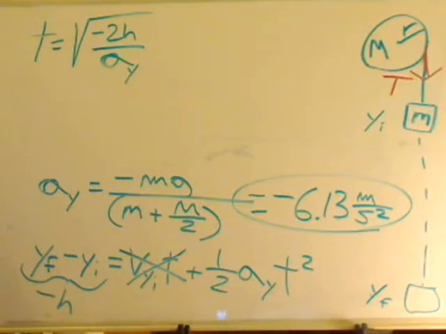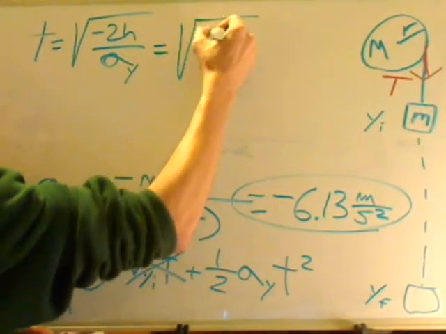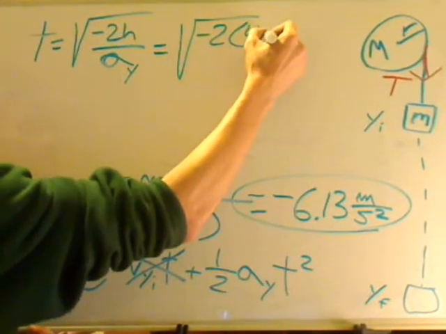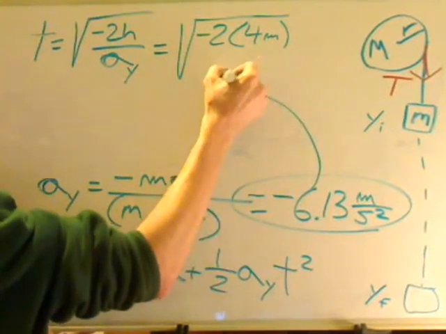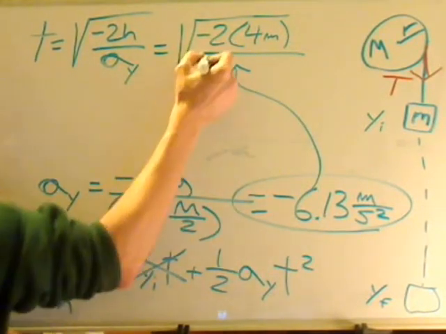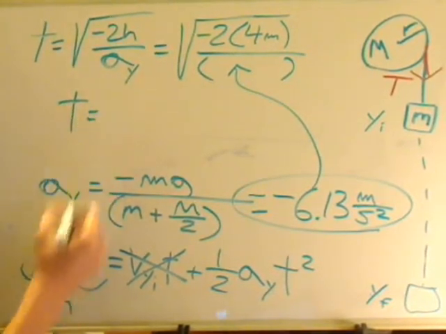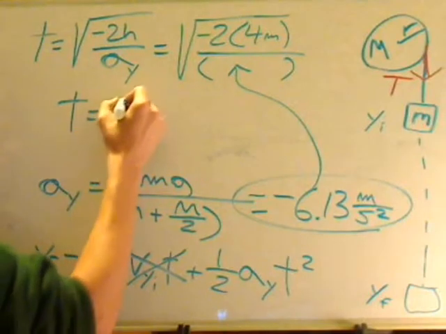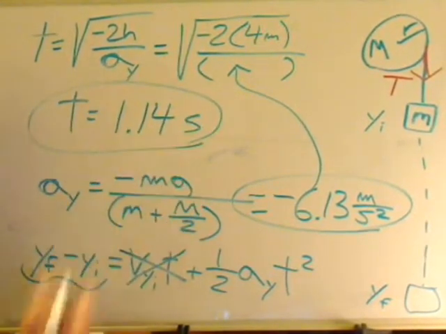So h is 4, so this is the square root of negative 2 times 4 meters over our y acceleration of negative 6.13. That goes in right here. And you do that calculation, you find that the time it takes to hit the bottom of the well is 1.14 seconds. So that's a tricky problem.